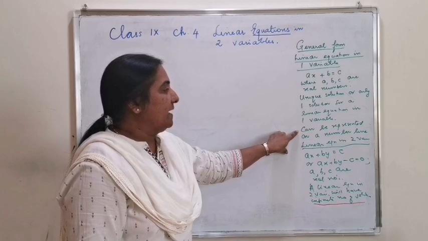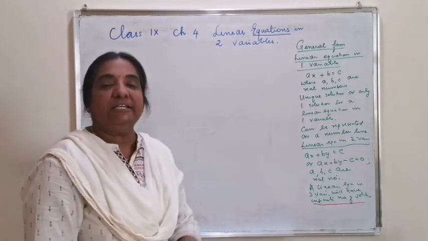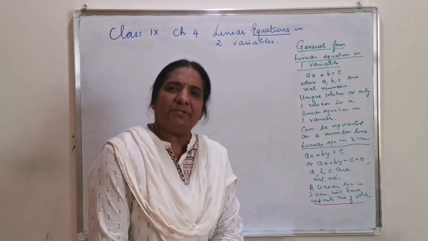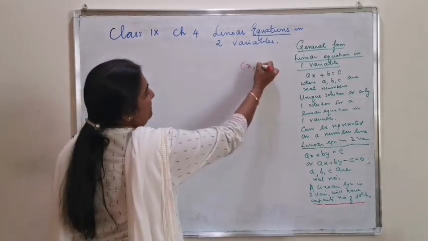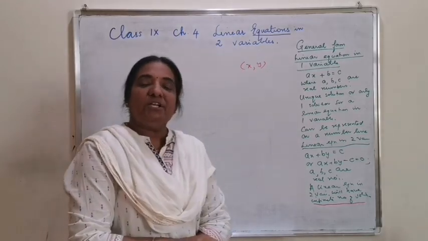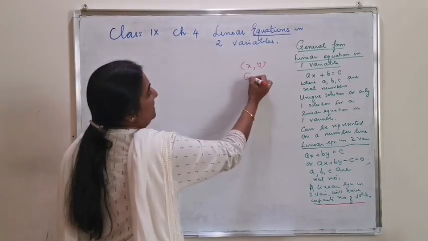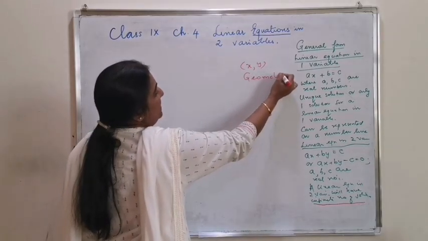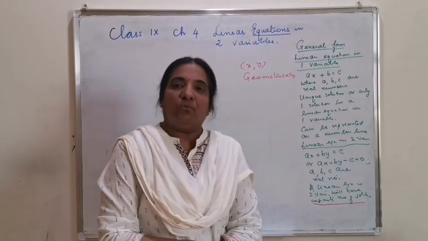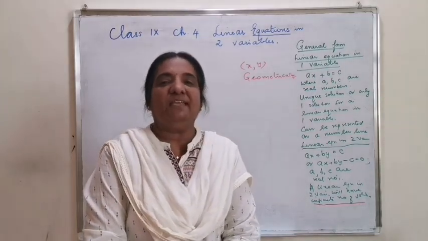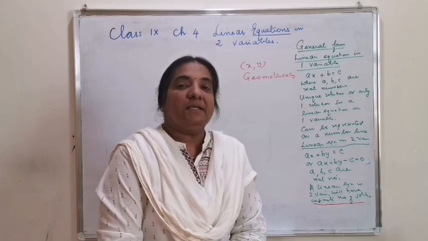Now, the solution of one variable can be plotted on a number line. So what about the solution, the ordered pair x, y of a linear equation in two variables? How can we represent it geometrically, or how can we represent it on a graph paper? What will be the shape of the graph? That is the next step.